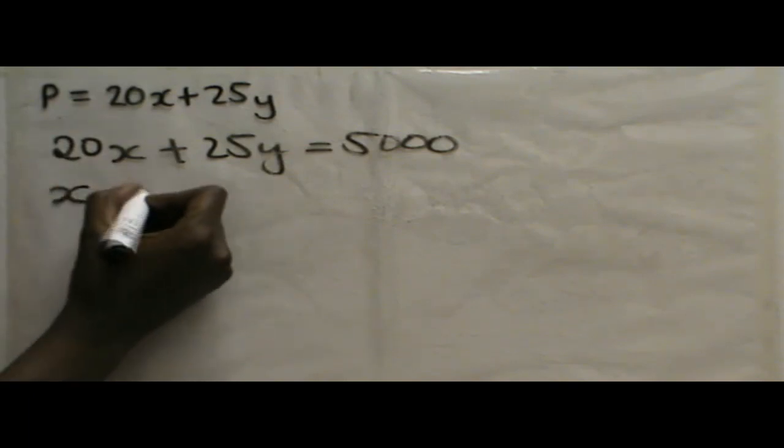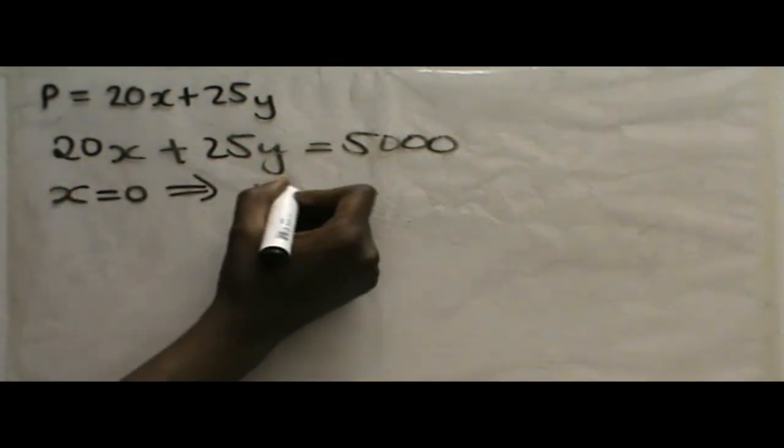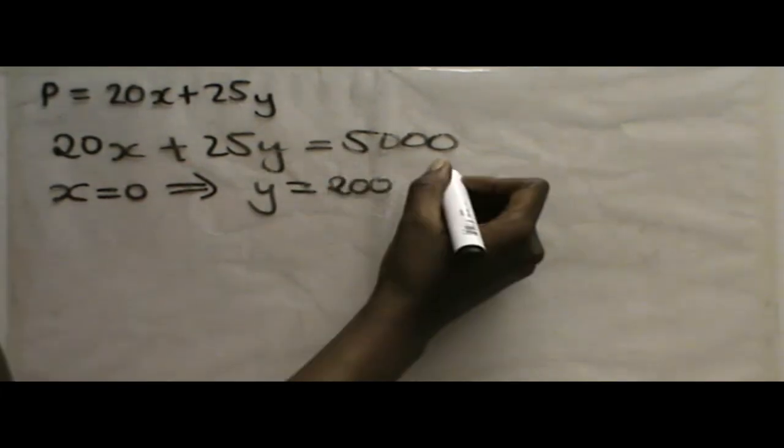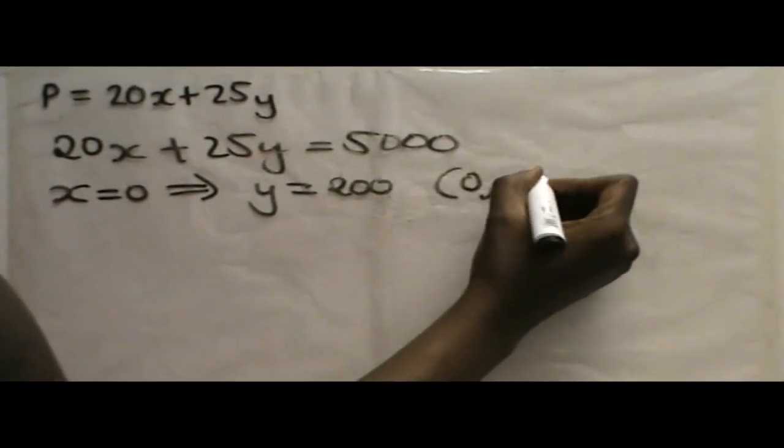Okay, so here, when x is 0, this means that y is equal to 200. So this is the point 0, 200. That is a point on the line. So I put 0 here.